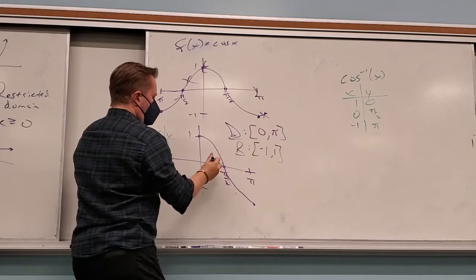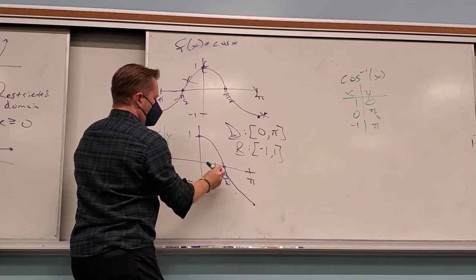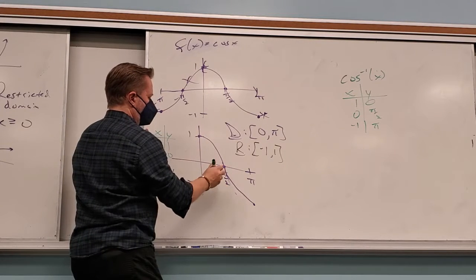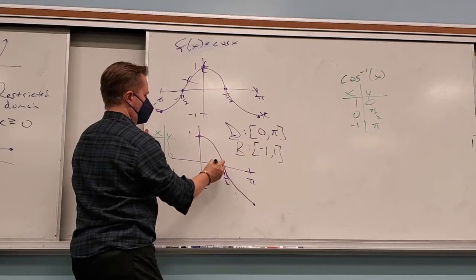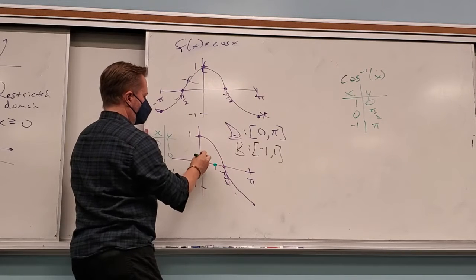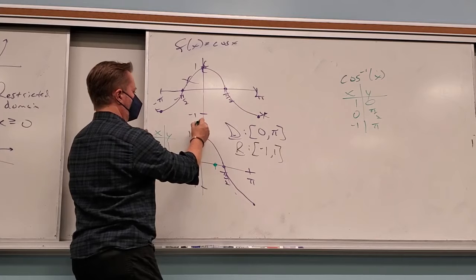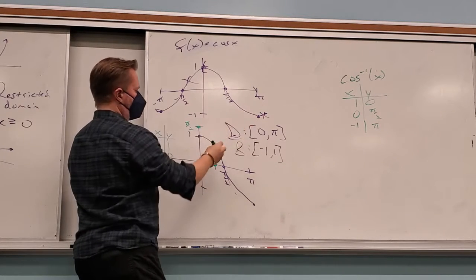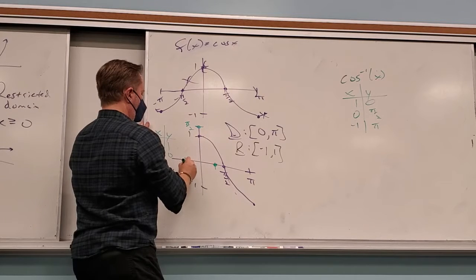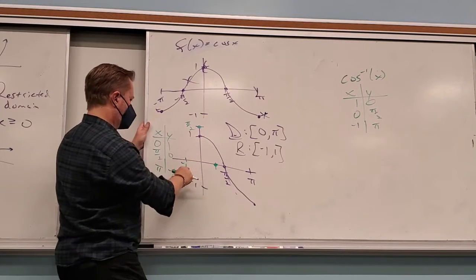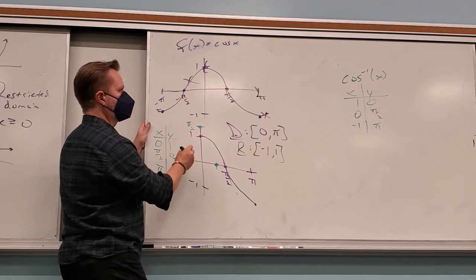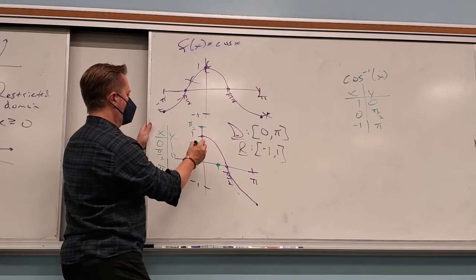So let's see. 1, 0, so 1 is about right here, remember, because that was 1.57. So 1, 0, 0, pi over 2, so pi over 2 is a little bit above 1, and -1, pi. Let's see, -1's roughly there. Where's pi?